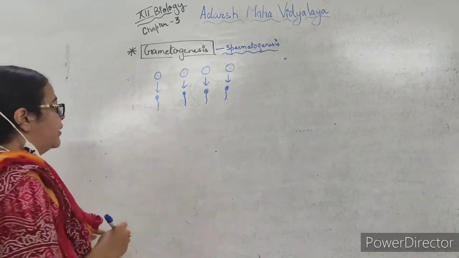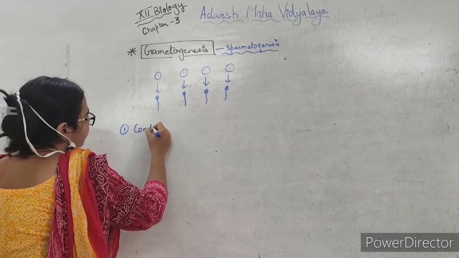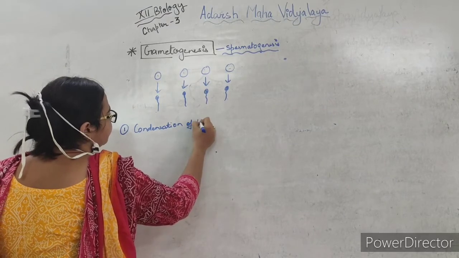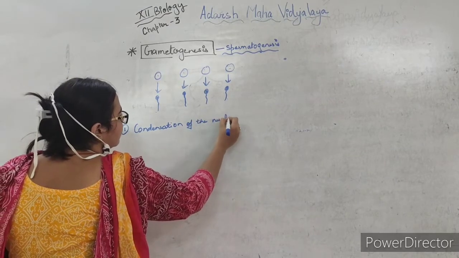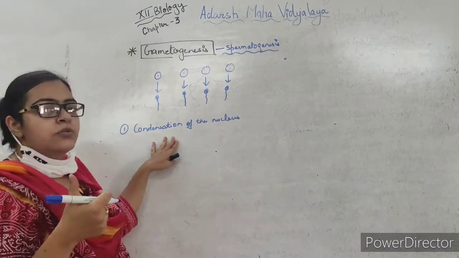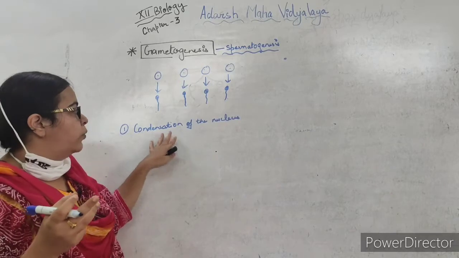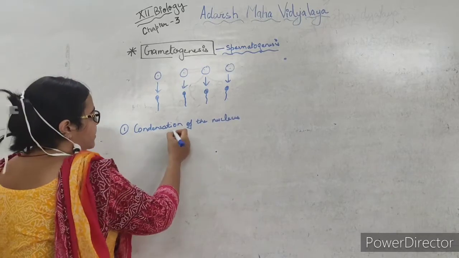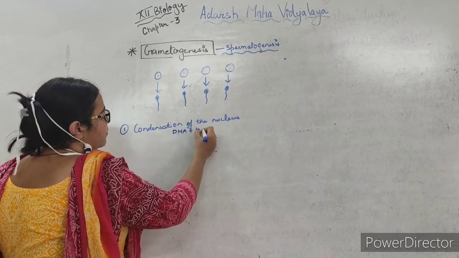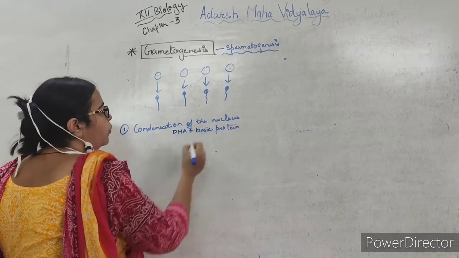So first one is the condensation of the nucleus. In this, the nucleus will lose its RNA and specific acidic proteins, only DNA and basic proteins will be remaining. So this is typically the genetic material only.